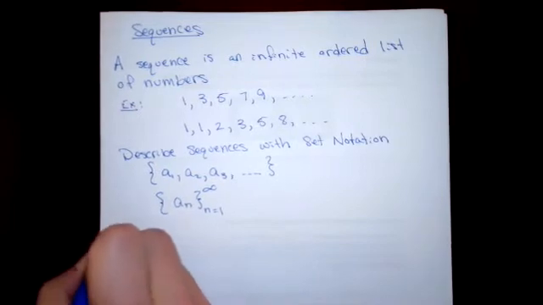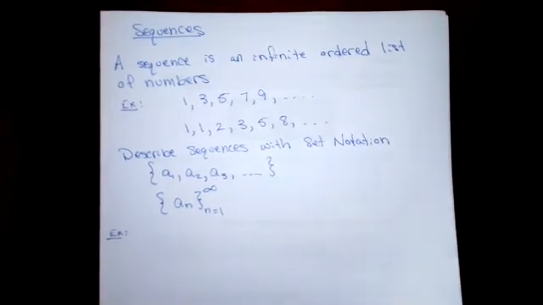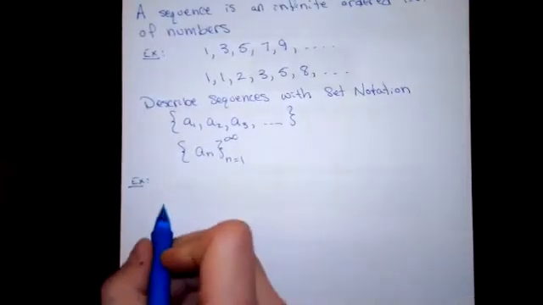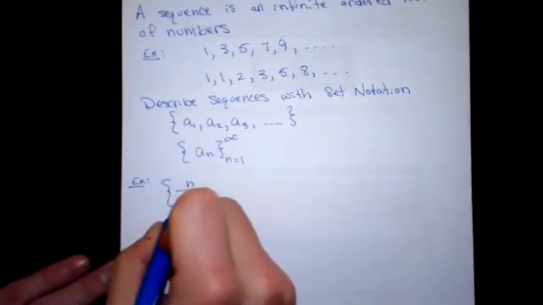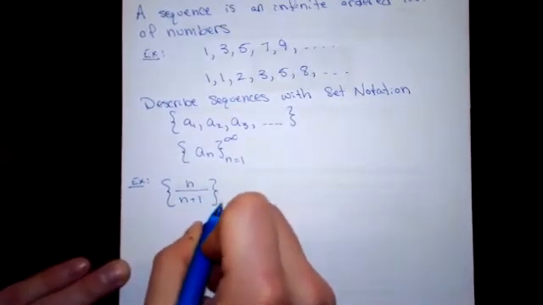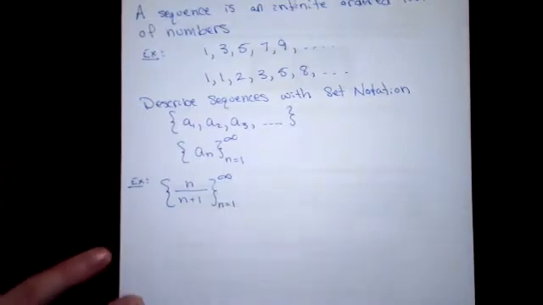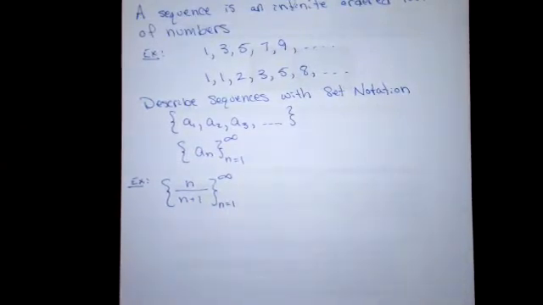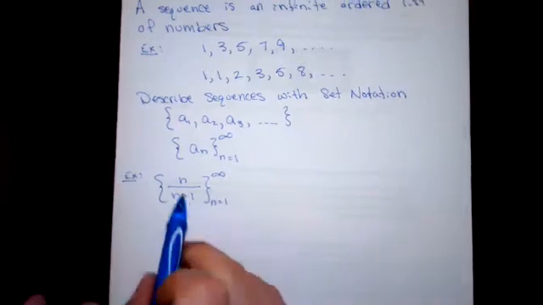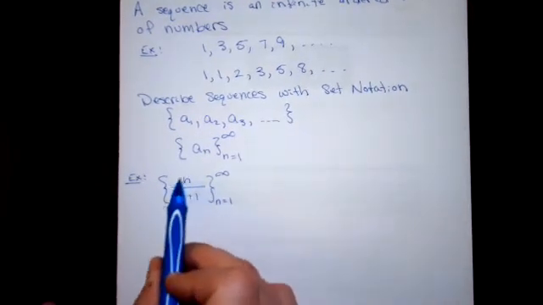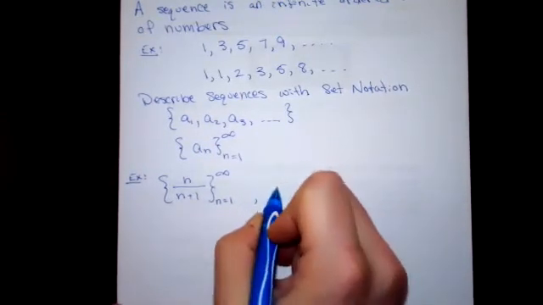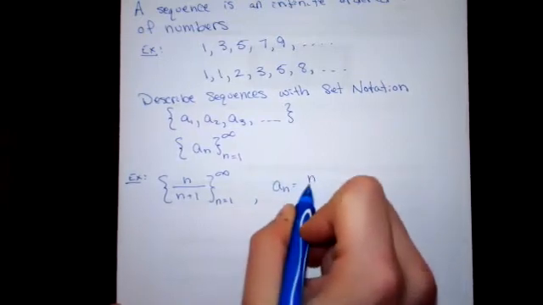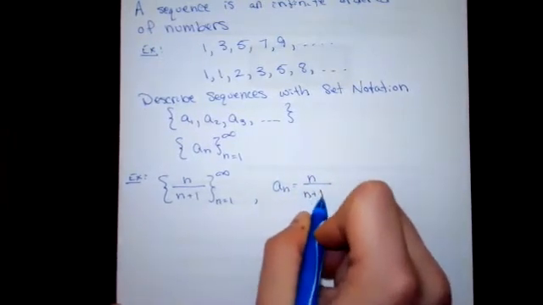So for example, if we write a sequence like this, what does this mean? In some sense, you can think of sequences as just functions. Sometimes we'll write it as a closed form expression, n over n plus 1.